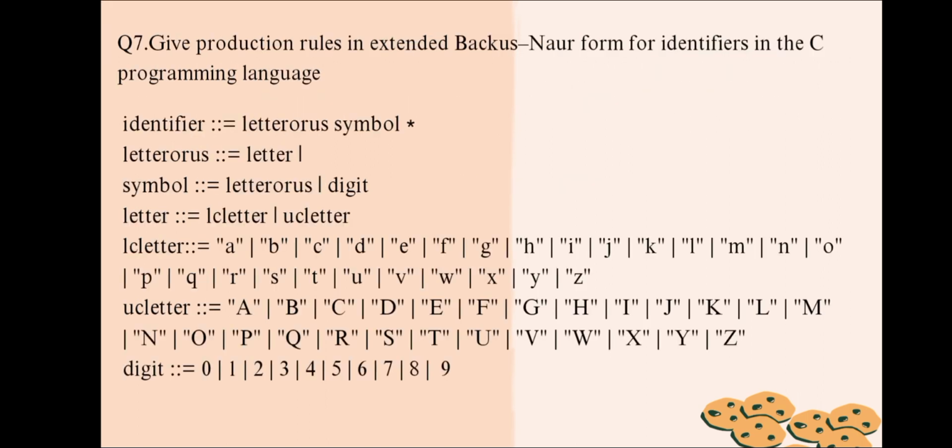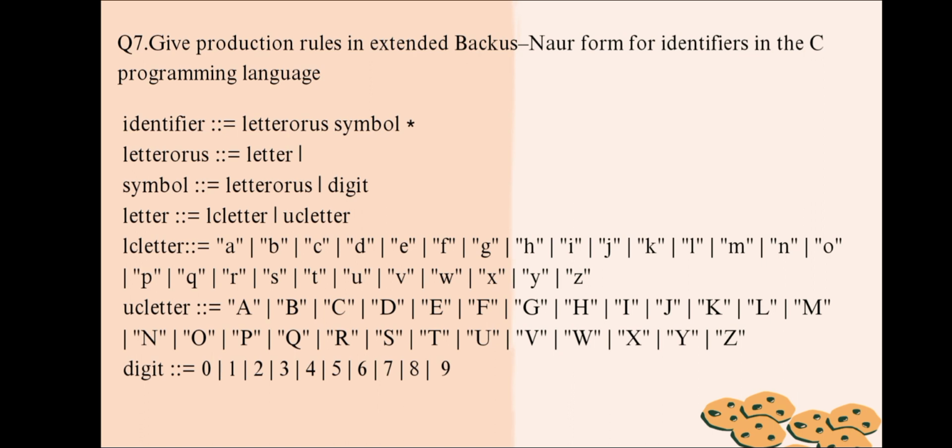In this question, we have to produce production rules in extended Backus-Naur form for identifiers in the C programming language. The answer says that identifier represents letter and symbols, and letters represents letter with a pipe symbol, and symbol represents letters pipe symbol with digit. We separate letters and digit with a pipe symbol.